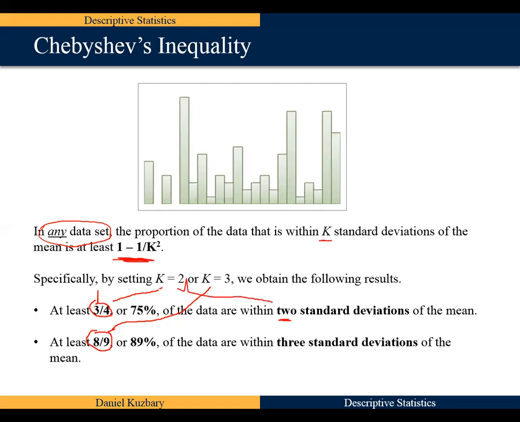So that's with k equal to 2. And we can say that at least 8/9 of the data are within 3 standard deviations of the mean, which is not as powerful as the empirical rule, but it's still true. So we can't say exactly, we can say at least. So this is like approximately, it's not perfect. But we can still do it, and it's helpful even though it's not as nice as the empirical rule.